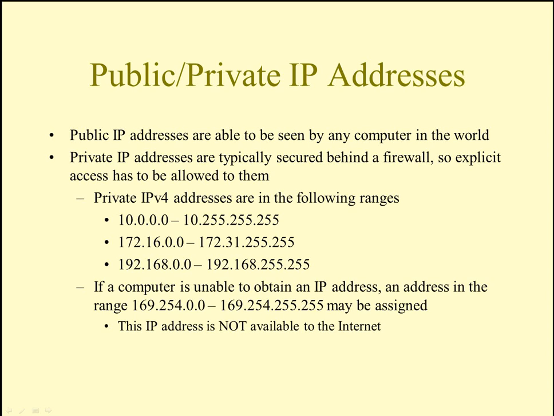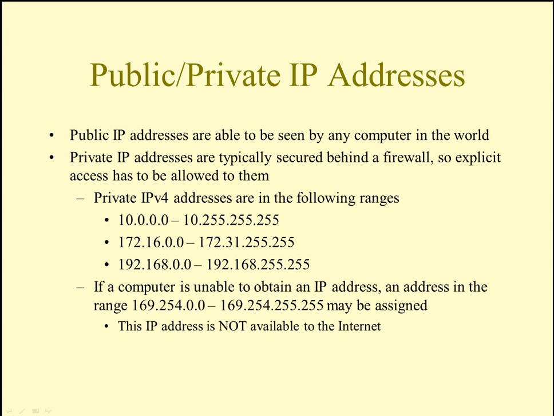Private IP version 4 addresses are in the following ranges. If it's a Class A private address, it's going to be in the range from 10.0.0.0 up to 10.255.255.255. A Class B private IP address is in the range 172.16.0.0 to 172.31.255.255.